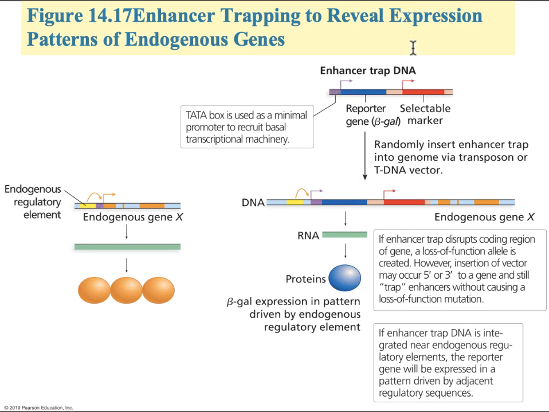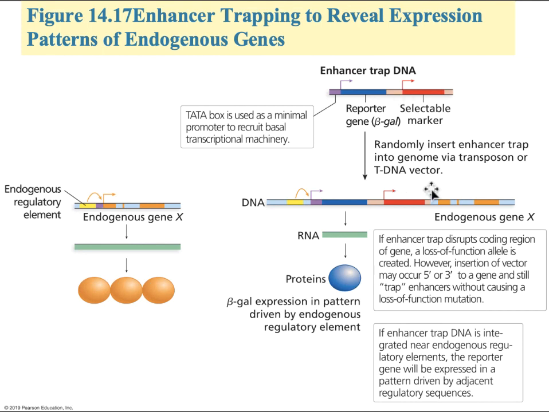In enhancer trapping, what we tend to do is to manufacture this piece of DNA in the laboratory, and then we incubate this with this system here. And the goal is to get these fragments randomly inserted throughout the genome of the organism of interest.